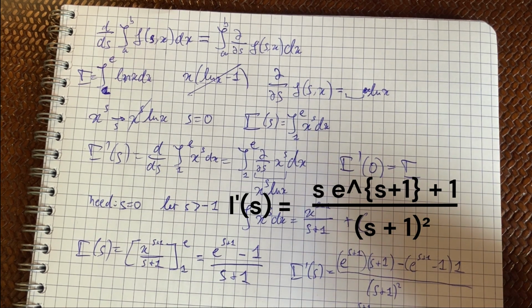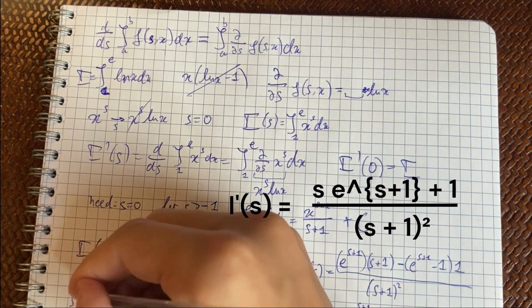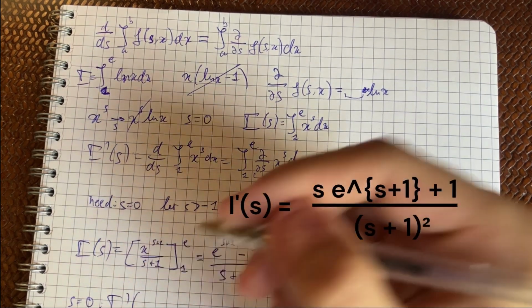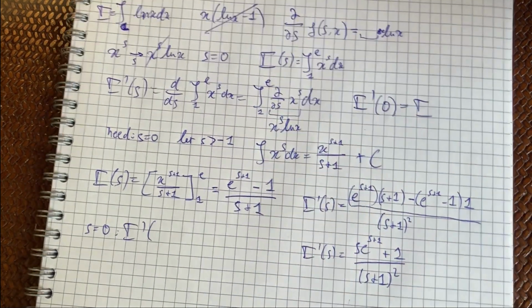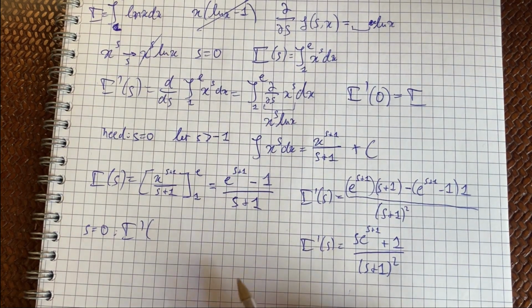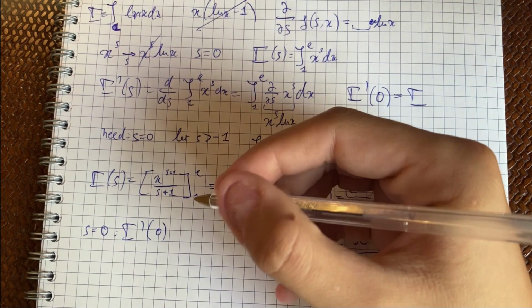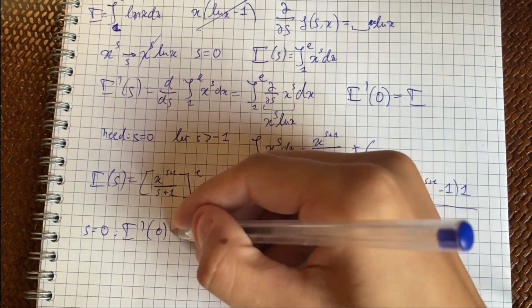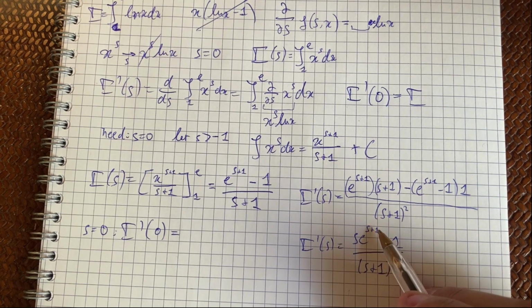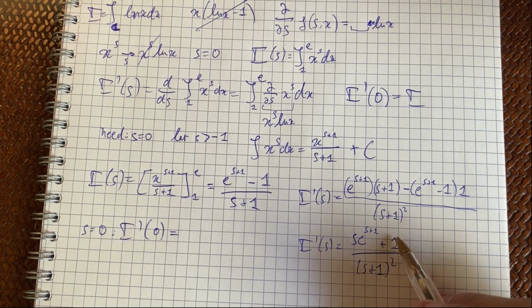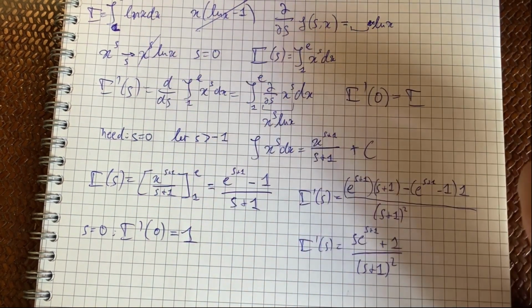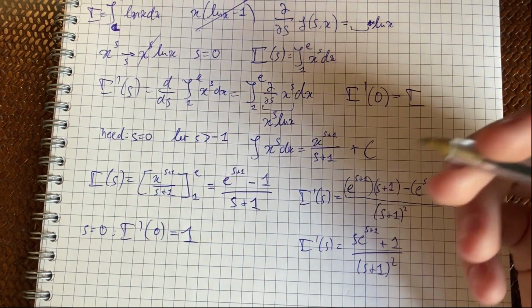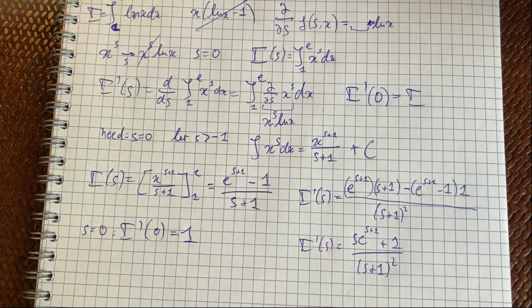If we take our particular case s equals 0, now you can see I prime of 0 equals e to the first power times 0 plus 1 divided by 1 squared, which is 1. And this is to be expected since it is easy to prove by classical techniques like IBP that this integral is indeed 1.